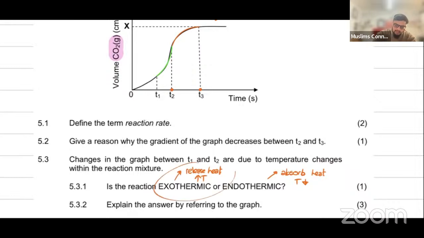Exothermic, where there's releasing of heat and temperature increase, or endothermic, where there's absorption of heat and temperature decrease? What do you guys think?